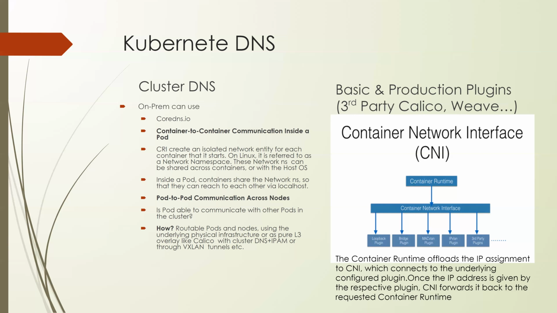All of them will talk to the cluster IP, and because they are able to talk to each other within that particular IP range, that can also be enabled through the IPAM plugin, or IP address management, or even through VXLAN.